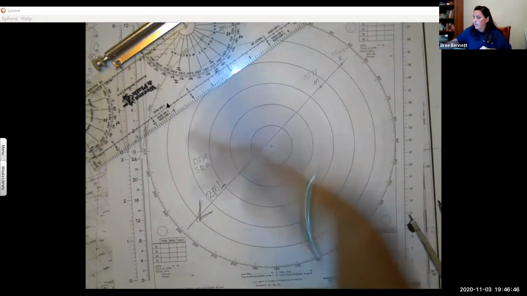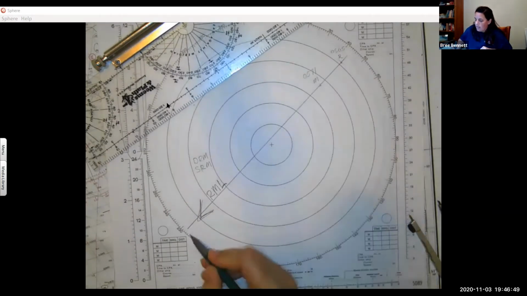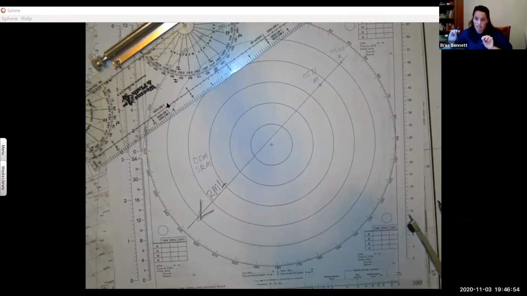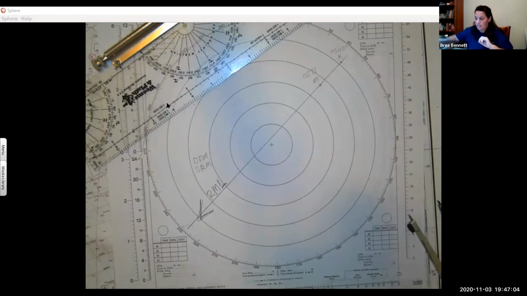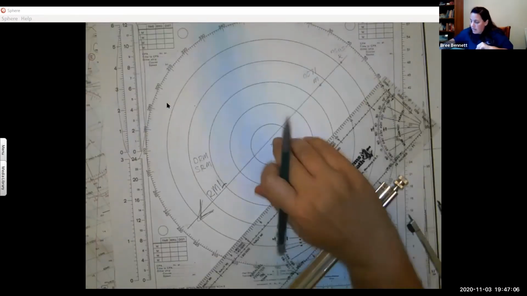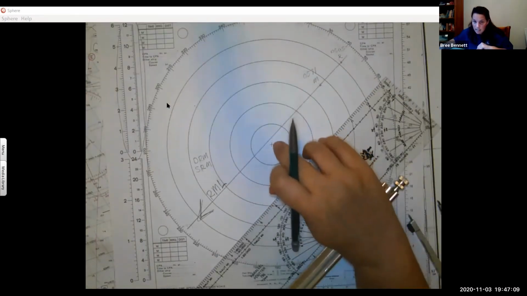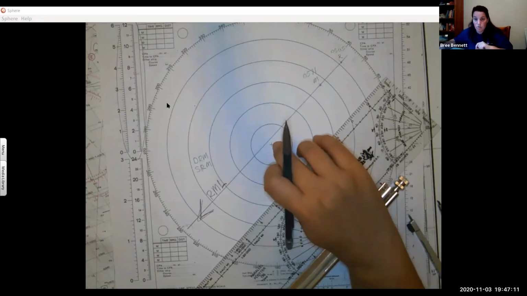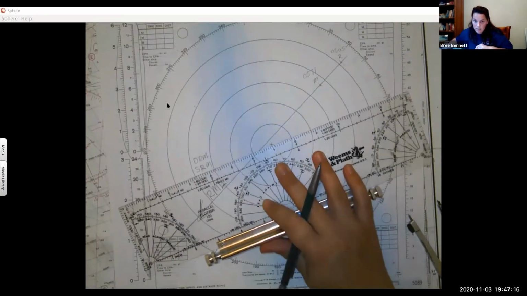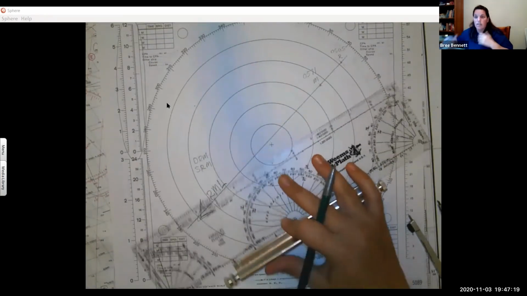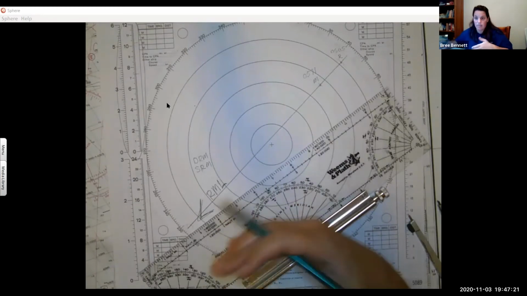When you're using this plotting sheet, this line gets so close to the edge, there is a very strong urge to just say this is my direction of relative motion. Don't do that. We always have to parallel this line back to the center in order to measure the actual degrees of that line.